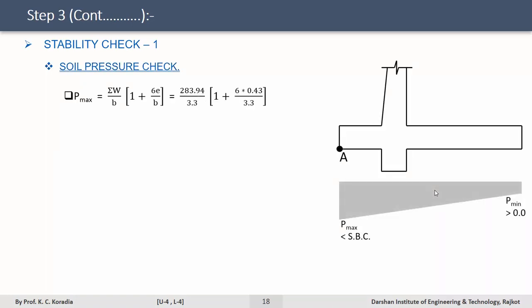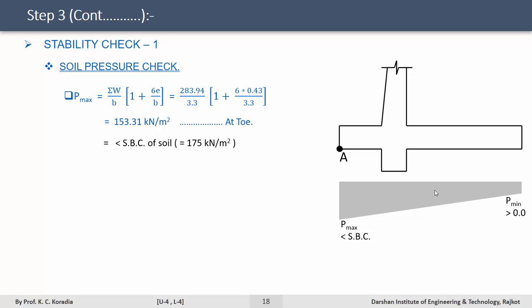Here the Pmax, the maximum pressure at toe, will be equal to sigma W upon B into bracket 1 plus 6 times the eccentricity divided by base width. That will be equal to 283.94 divided by 3.3, into bracket 1 plus 6 times 0.43 divided by 3.3, the base width. The value comes out to be 153.31 kilonewton per meter square, which is at toe.